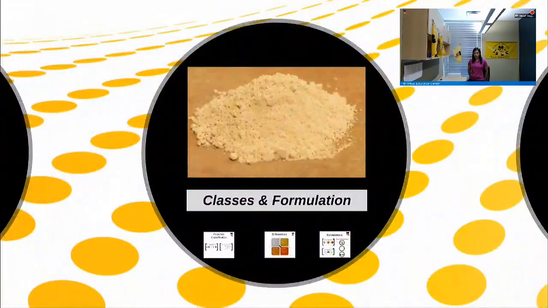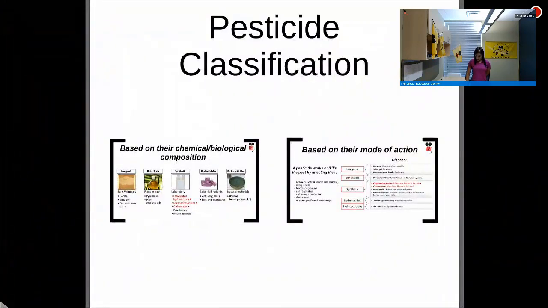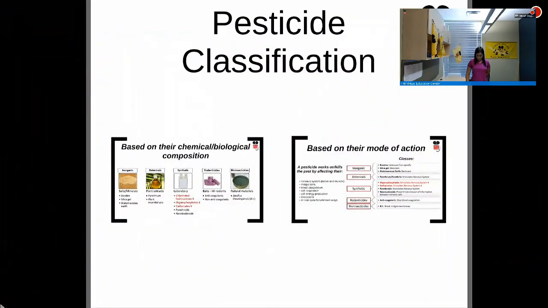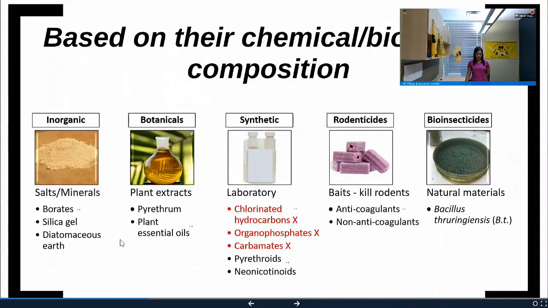Now let's move to classes and formulation. So, here's the pesticide classification. We have inorganic pesticides, those that don't have carbon in their molecule, their composition. Botanicals, plant extracts.